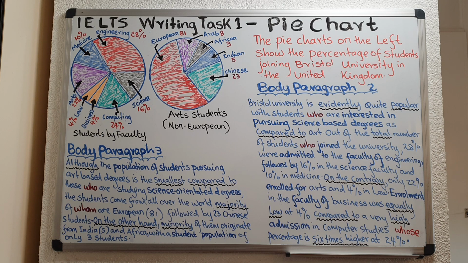The general training students' task 1 is a letter. So this writing task 1 is only meant for the academic students. Now, let's get into how to write task 1 based on our pie charts.